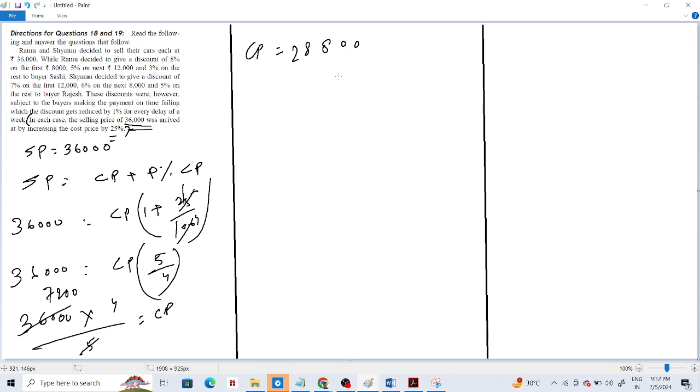So this is the CP, 28,800. Now let me find out the rest.